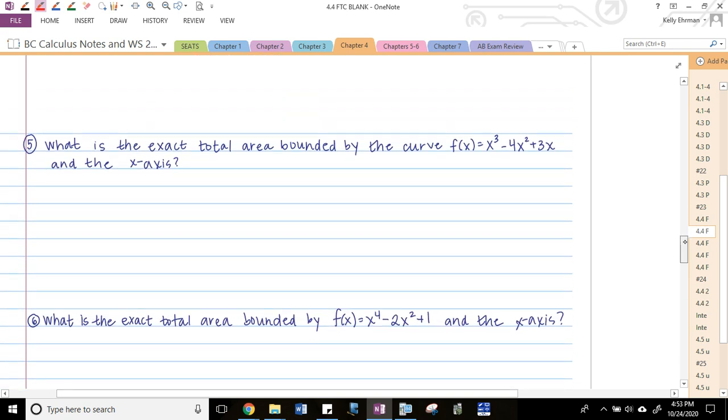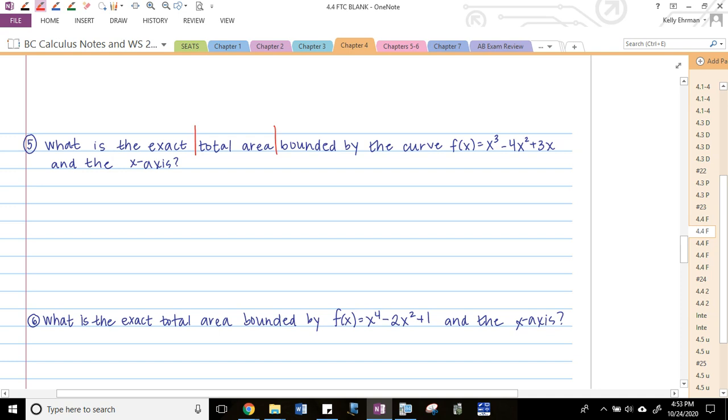Anytime I see total area, just like I saw total distance, I don't want net area. Net area is adding and subtracting areas to see what you have left over. Total area is forcing negative areas to be positive and just saying, oh, I have absolute values of all of my areas and just adding them together.